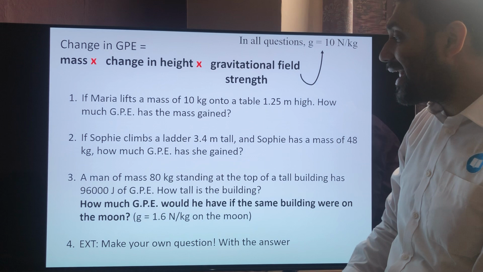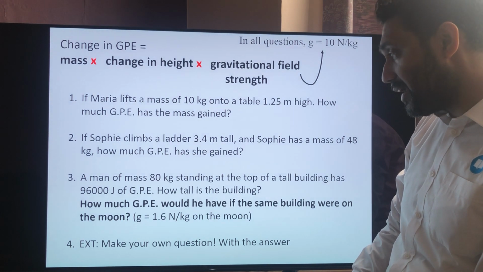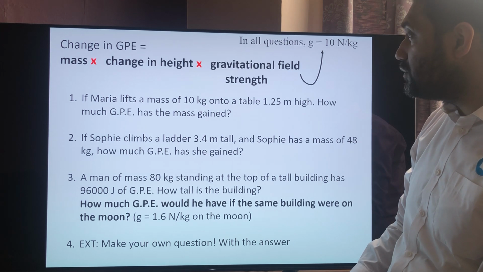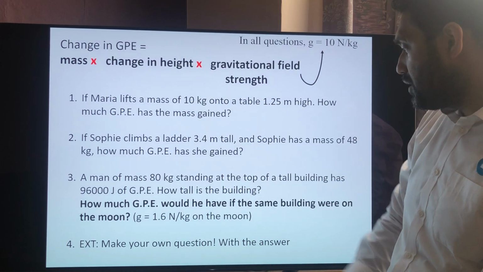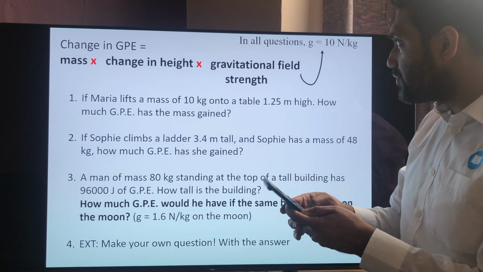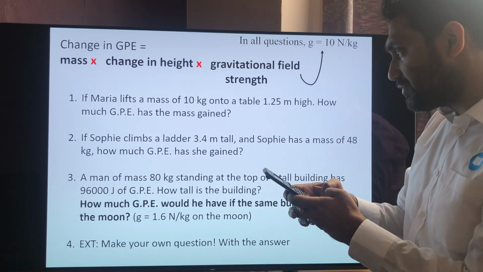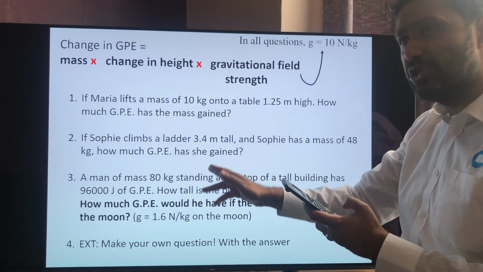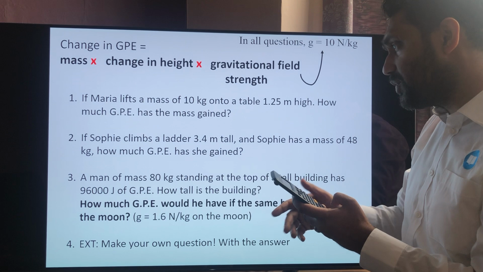So what would the GPE be on the moon if the gravity is a lot less? We know the height of the building from the previous question. It was 120 meters high.